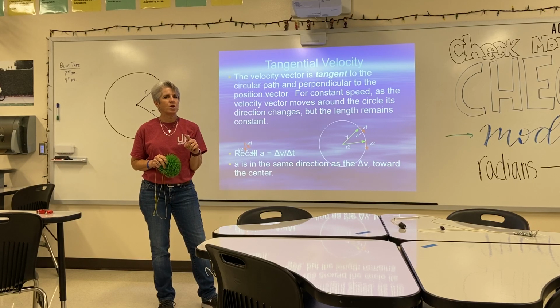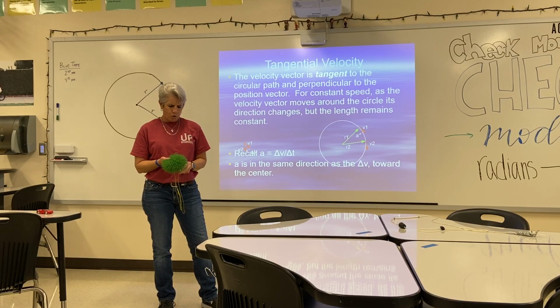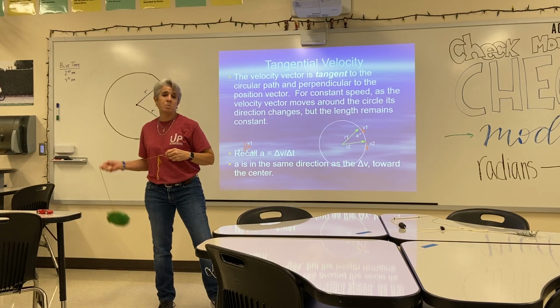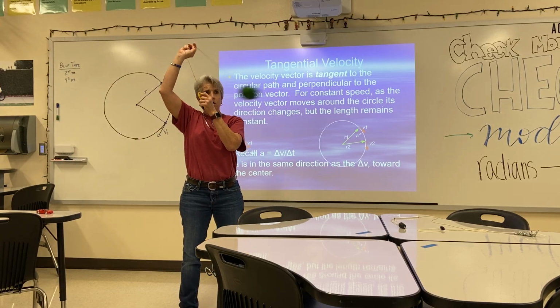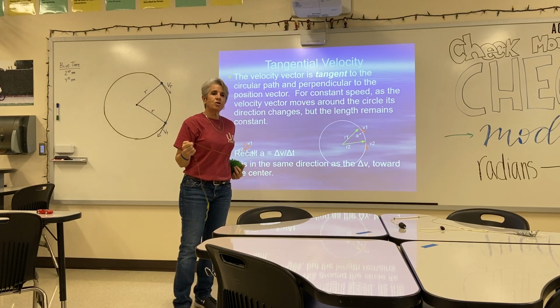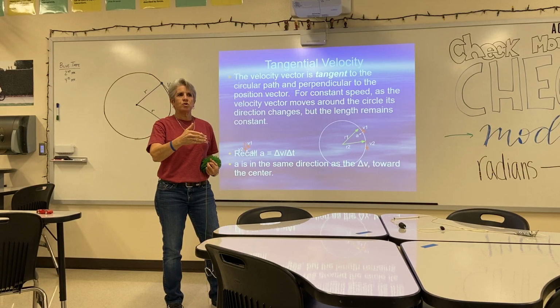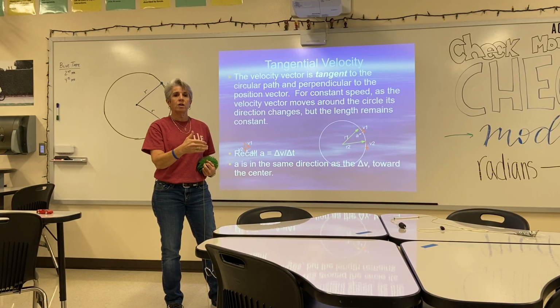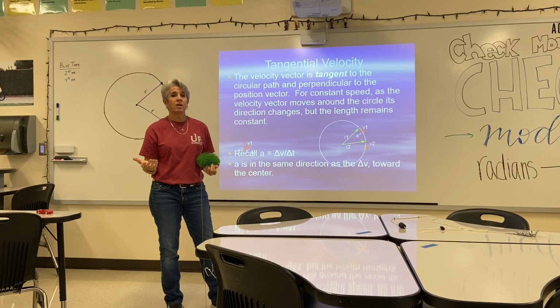And velocity is change in speed or direction. So if this was being twirled at a constant speed in a horizontal circle, but its direction was always changing, then by definition, since the direction is changing, the velocity is therefore changing, and therefore we are accelerating.